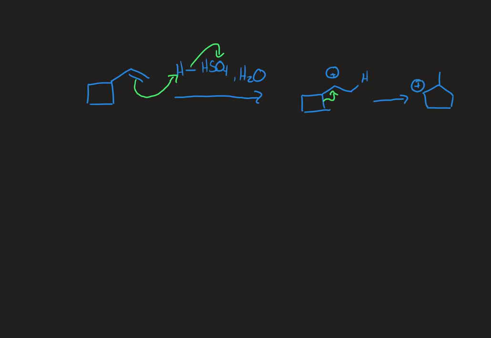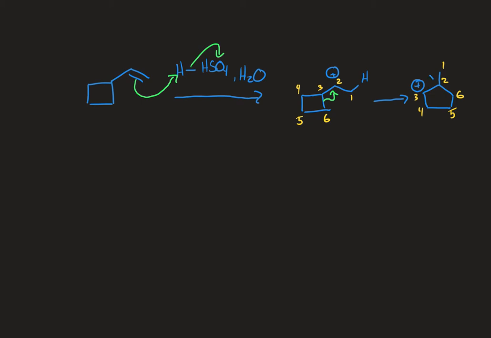If you're having trouble seeing that, this is carbon 1, 2, 3, 4, 5, and 6. Carbon 1, 2, 3, 4, 5, and 6. This bond between carbon 3 and 6 got moved to between carbon 2 and 6, and so carbon 3 lost a bond. It now has a positive charge.